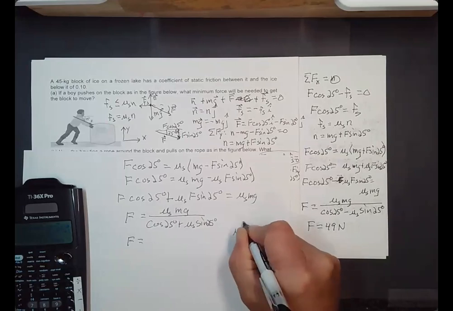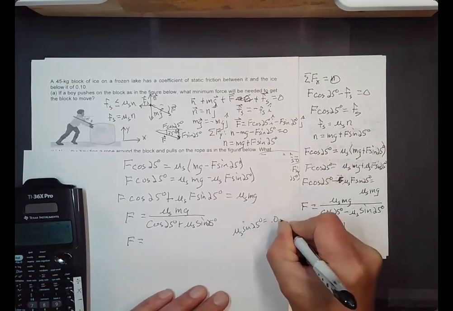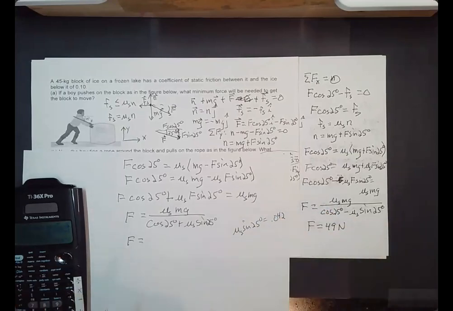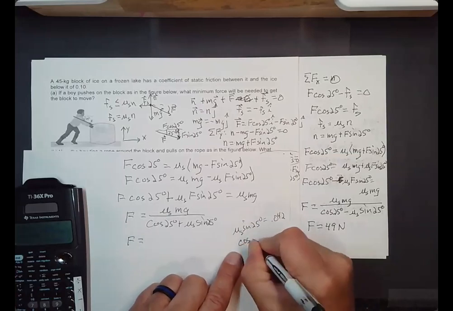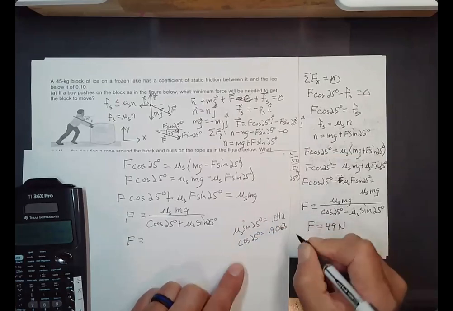Mu sub s sine 25 degrees equals 0.042, and cosine of 25 is 0.9063.